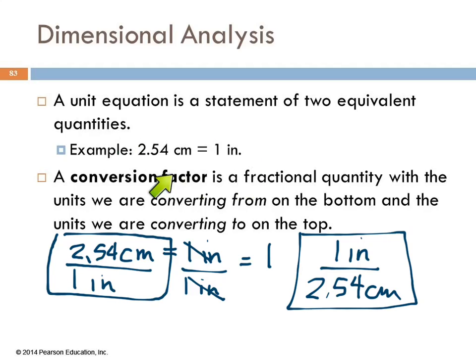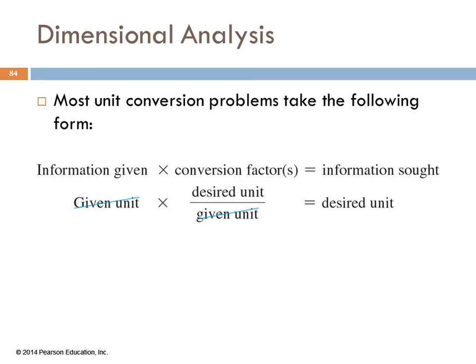So any unit equation, put one side on top, one side on the bottom, you've got a unit conversion factor. So most conversion problems are going to take this form. You're given some piece of information, and there's another piece of information that you're seeking. And you need to apply conversion factors in between to get from one point to another.